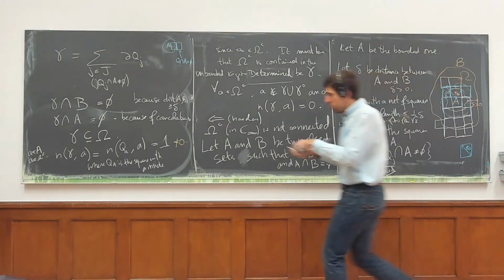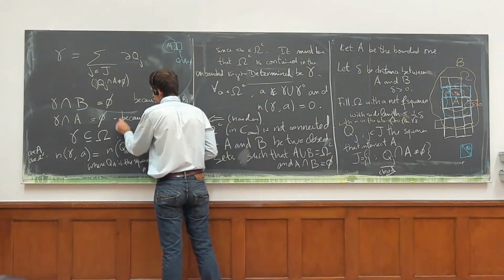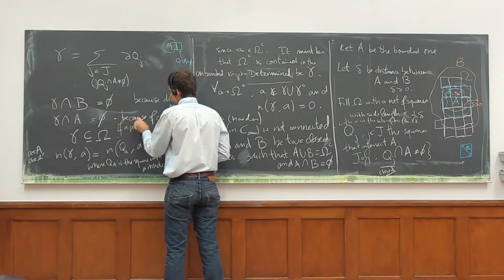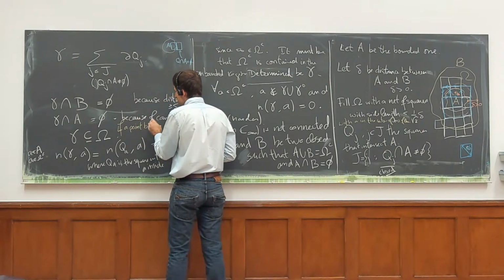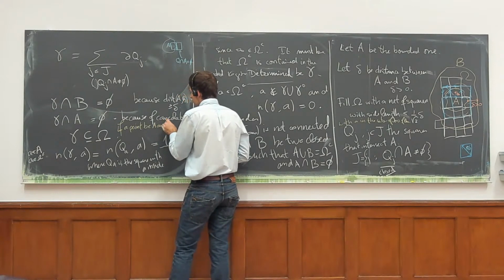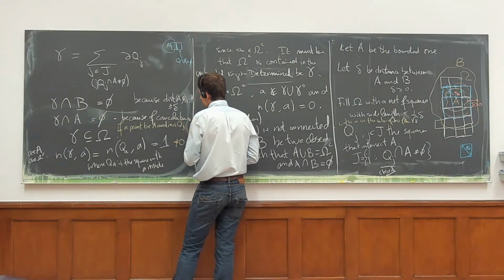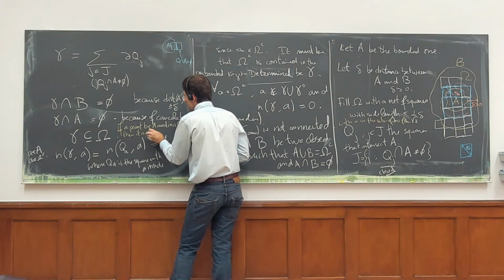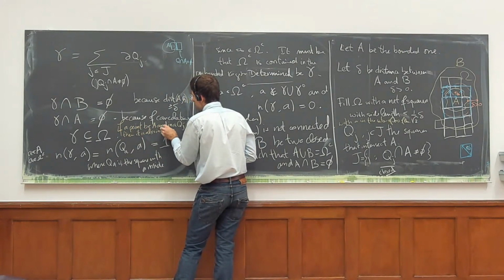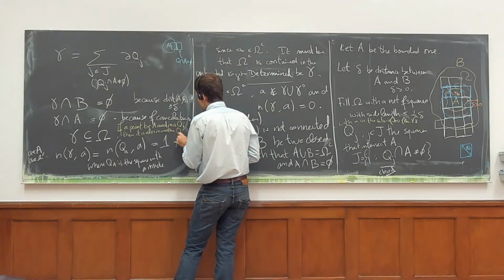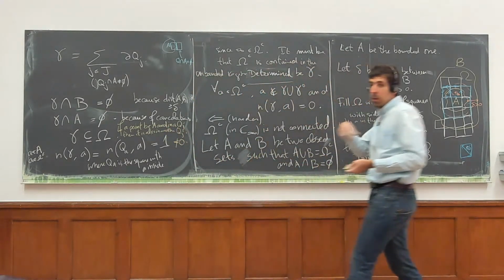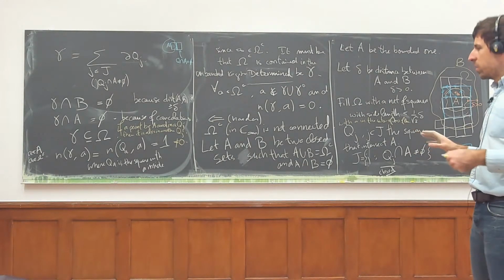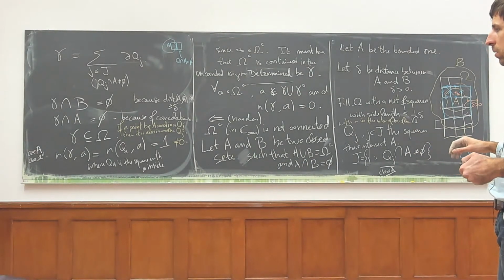Yeah, so maybe I should be a bit more clear here. If a point B is in A and in a Q_j, then it is also in another Q_j prime, and so it cancels out. Okay, I'll make sure that this is all okay.